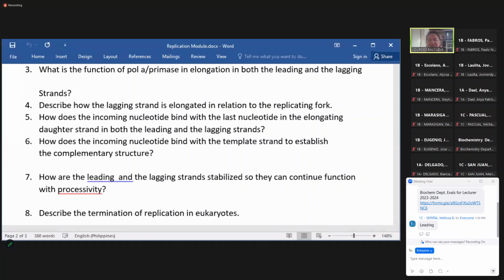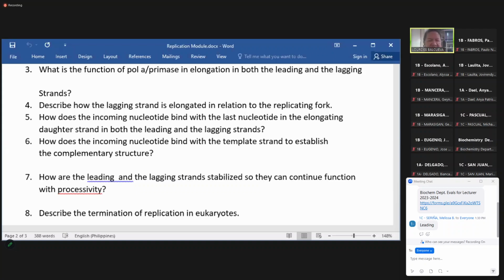Paano siya na-stabilize? Because it will not be released after one nucleotide is synthesized. So that would be continuous replication of the daughter strand, which is called processivity. So how are they stabilized?